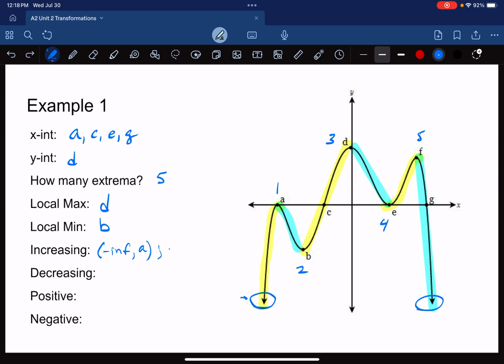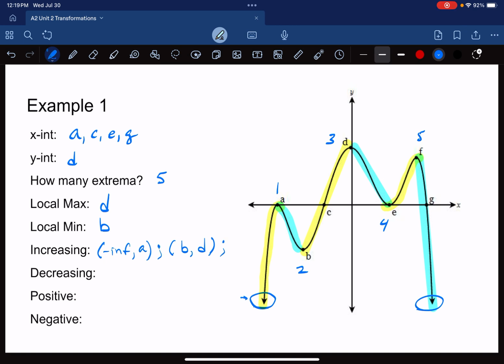So it's not including B. So I'm going to use parentheses and put A to B, and I'm not going to include either one of those because at A it's not increasing or decreasing, it's flat. Same thing at B. Oh, well, what am I doing? That's not increasing right there. It starts increasing again at B and goes to D. How about that? There we go. B to D, and it's flat at that one.